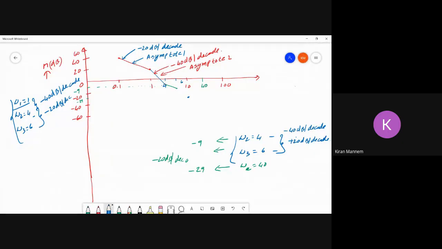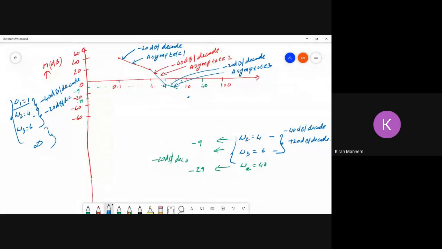This should be minus 20 dB per decade, and this is your asymptote 3, right? Next one, from 6 to the next corner frequency; we don't have any other corner frequencies, so it should be 6 to infinity. So what is the slope?